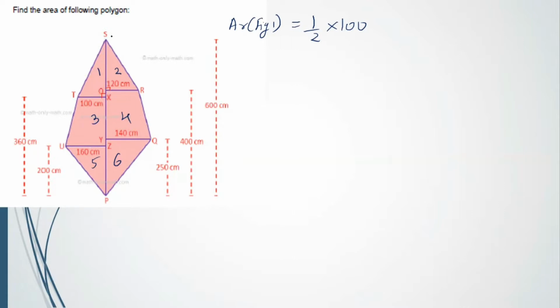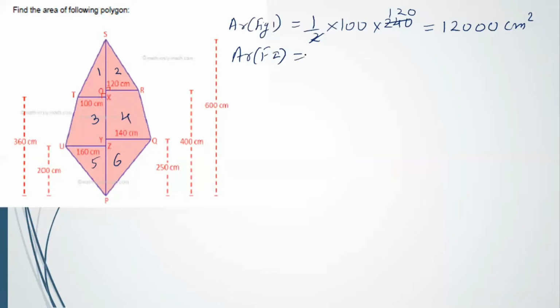So SX is going to be 600 minus 360, which is 240. So this is how you get this distance as 240. Half base into height: when I divide 240 by 2, I get 120 into 100, which is 12,000 centimeters square.